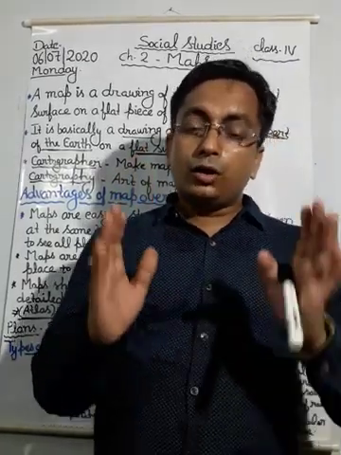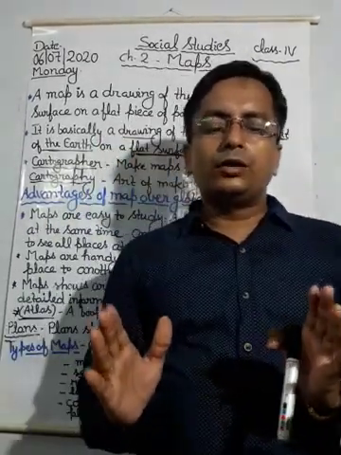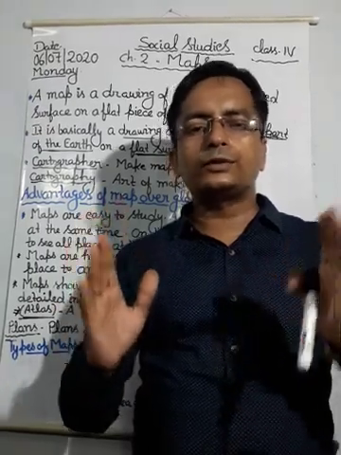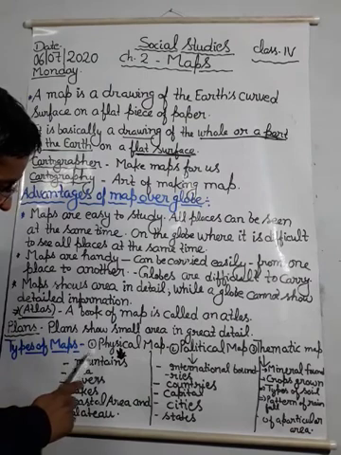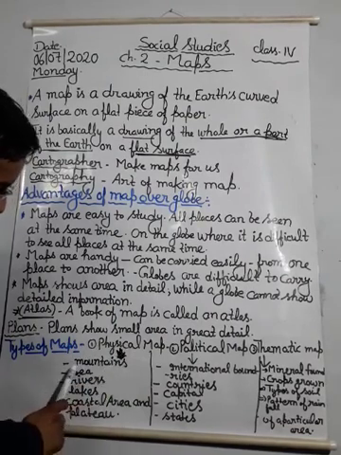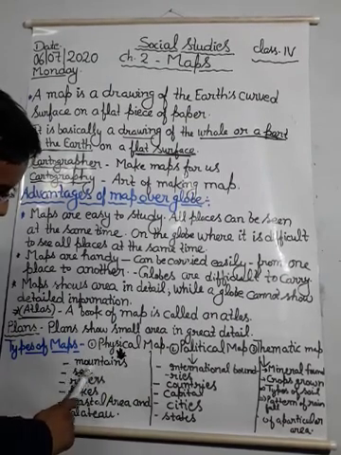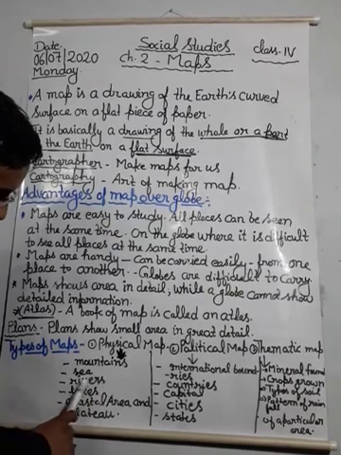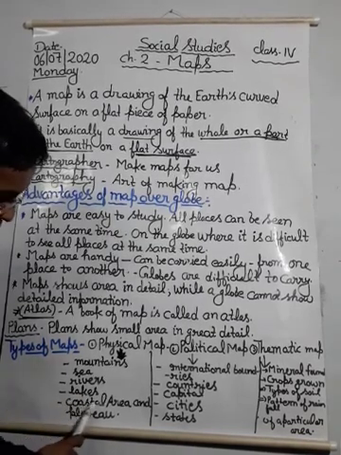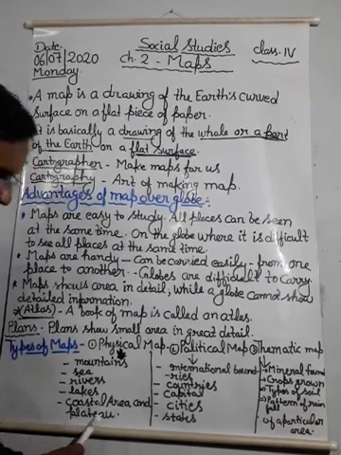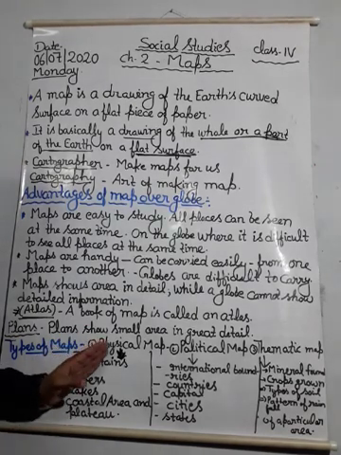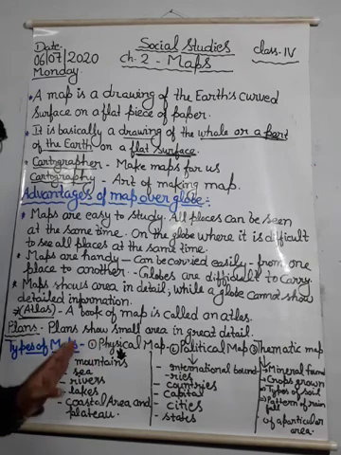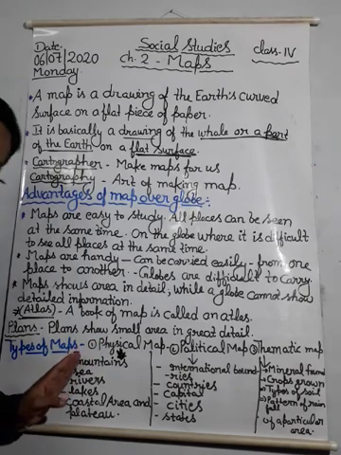So on a physical map we can locate all the natural physical things. I am repeating it once again: in a physical map we can show mountains, sea, rivers, lakes, coastal areas and plateaus. This is regarding the physical map.